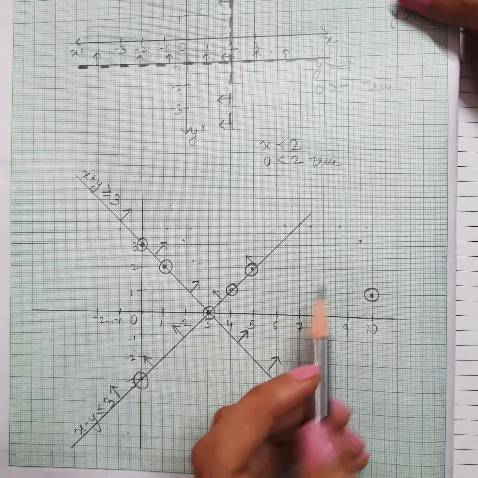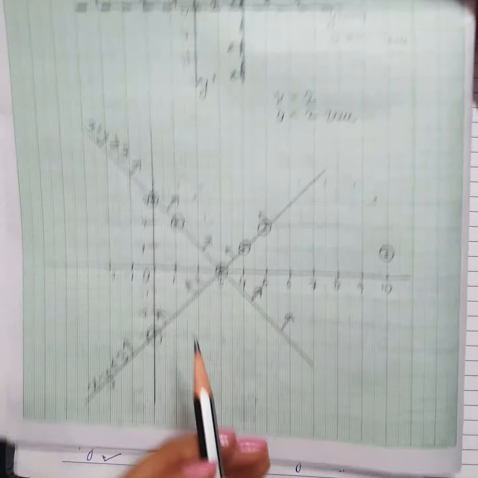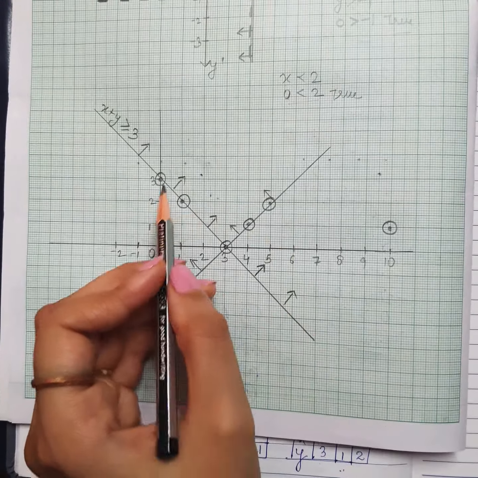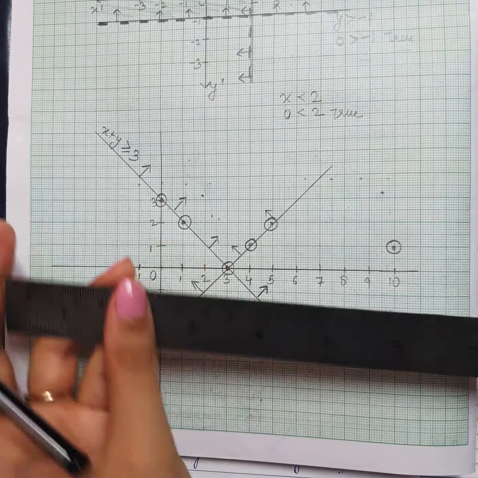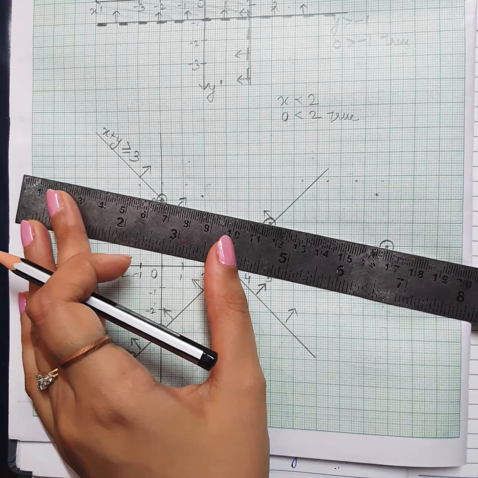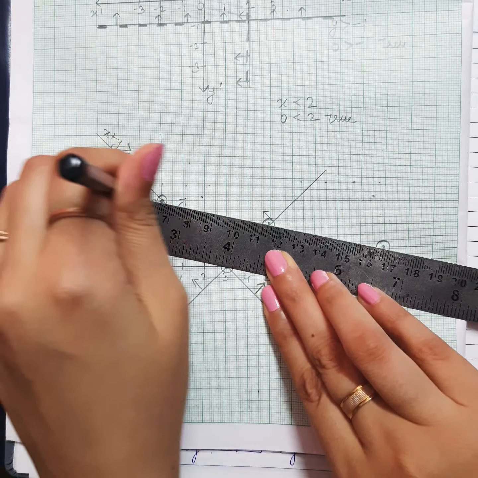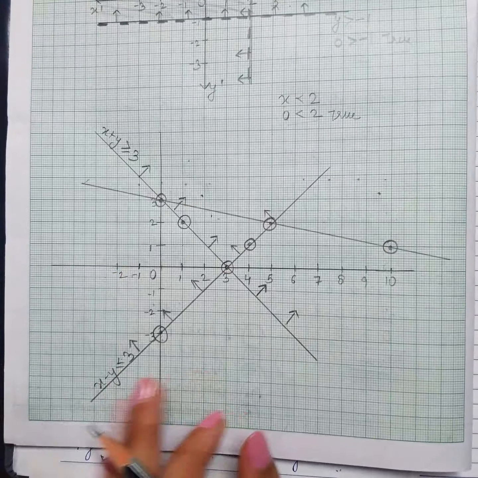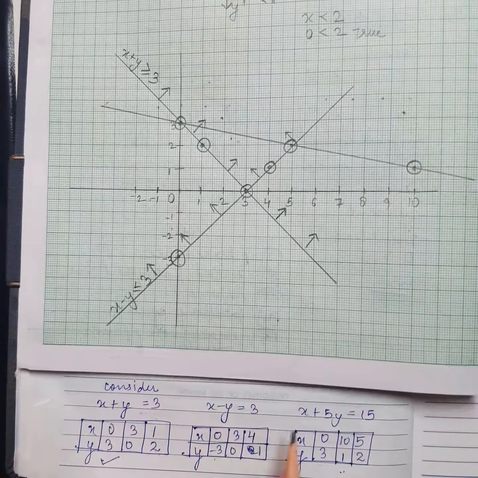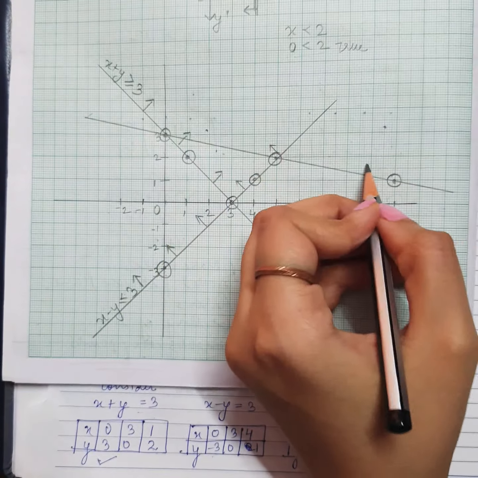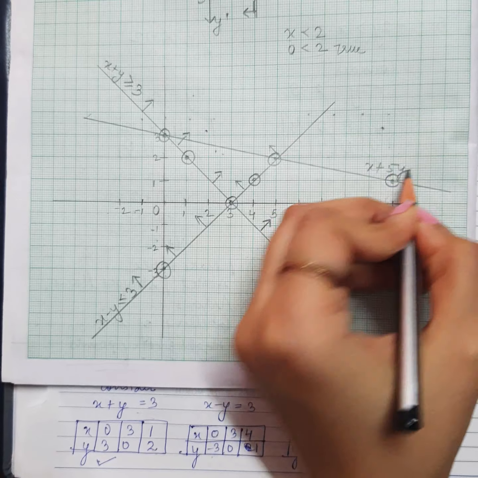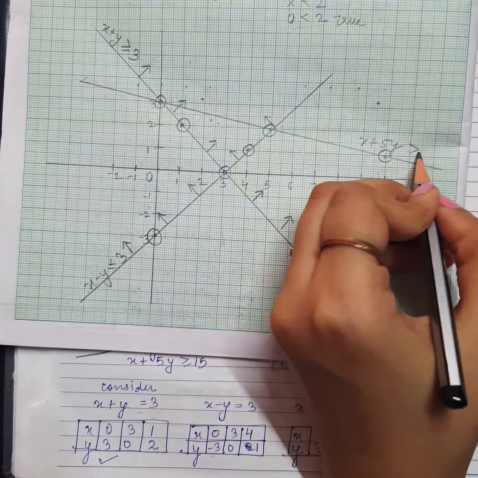That was a mistake. (10, 1), (5, 2) and (0, 3), this point. Joining them with the scale, writing the equation x plus 5y greater than equal to 15.